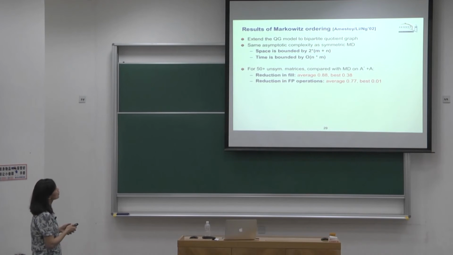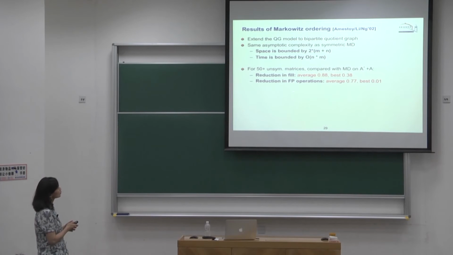Then we did the experiment with over 50 unsymmetric matrices, compared with applying symmetric minimum degree on the A transpose plus A symmetrized graph. If you work directly with the non-symmetric matrix, you take better advantage. You are not making a one-step approximation like here, where you are approximating your elimination.